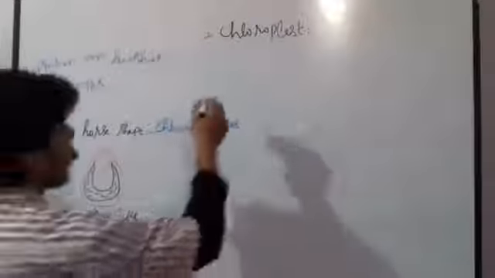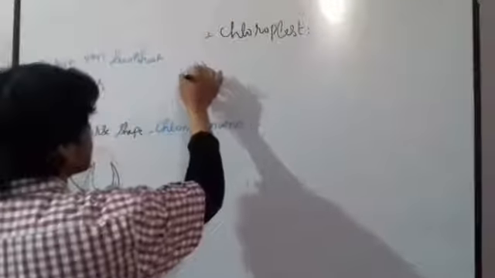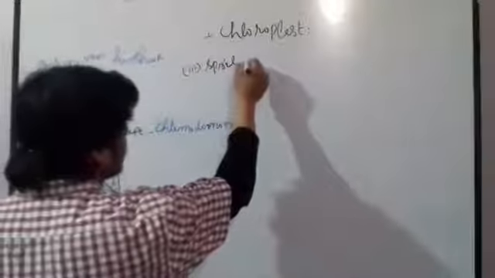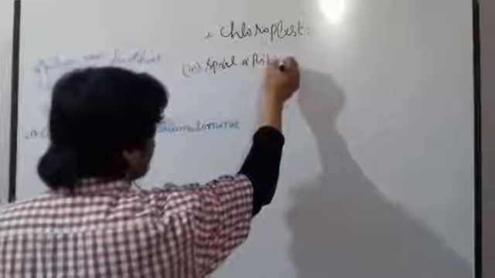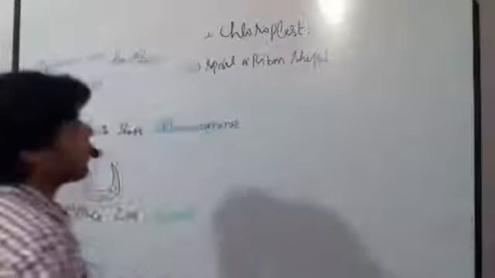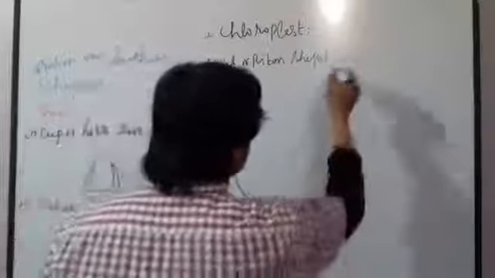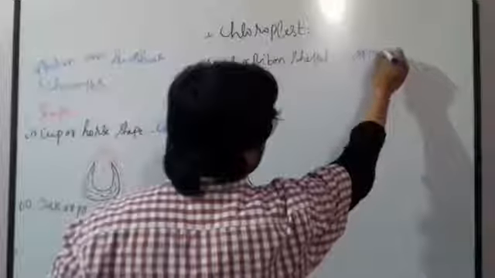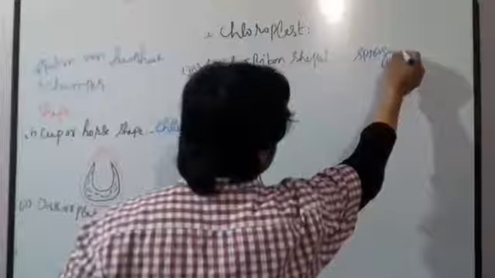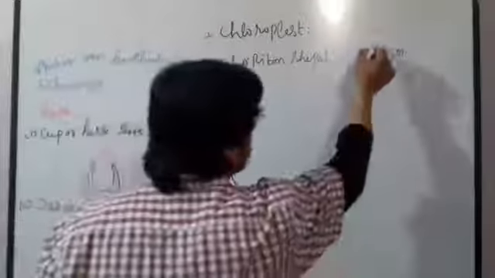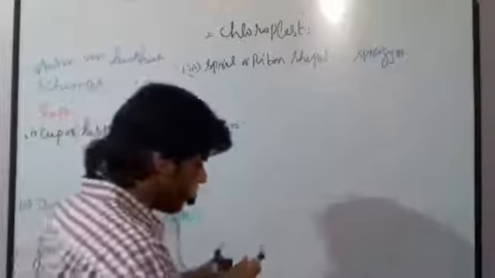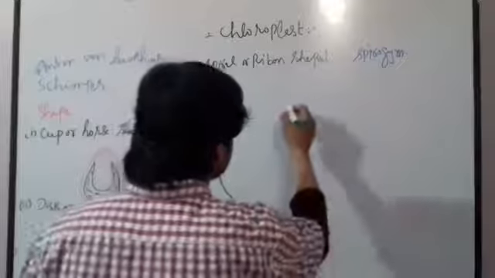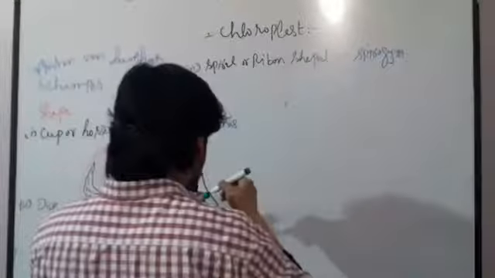So the third, we have spiral-like chloroplast, or we can say ribbon-shaped. This spiral or ribbon-shaped chloroplast is usually found in Spirogyra. Okay, then you will remove the spelling mistake by yourself. So how will the chloroplast of Spirogyra look?